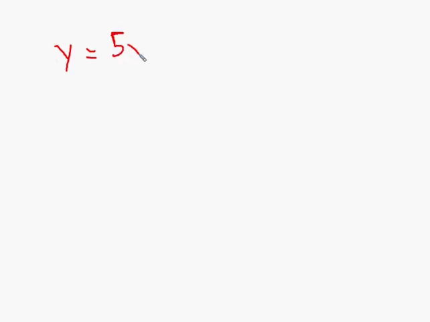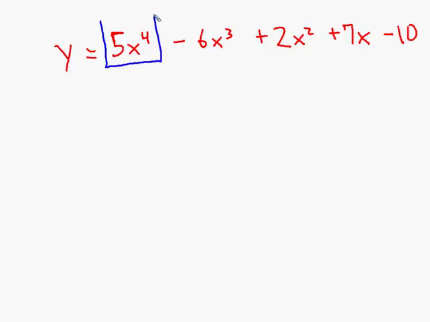So let's say I have this. Again, all that really is going to matter is that first term. All the rest, not going to matter for what we're doing yet. So this is what I look at.